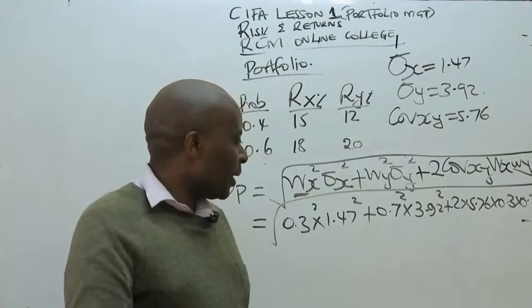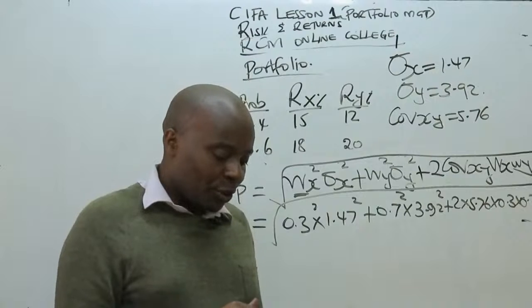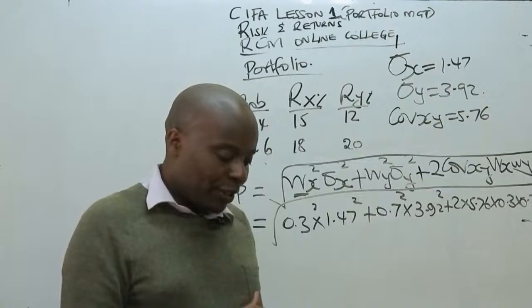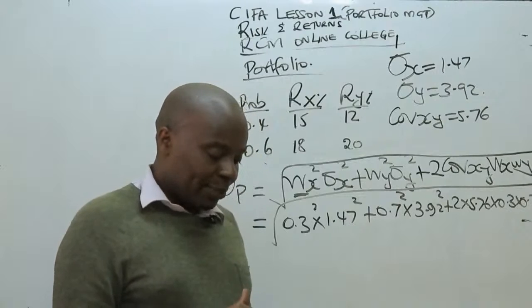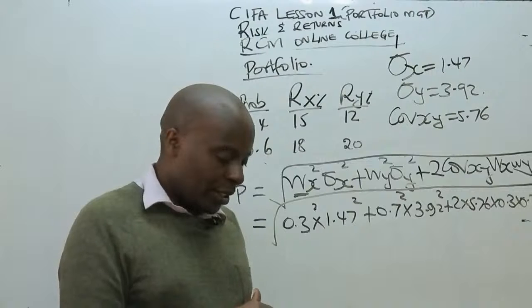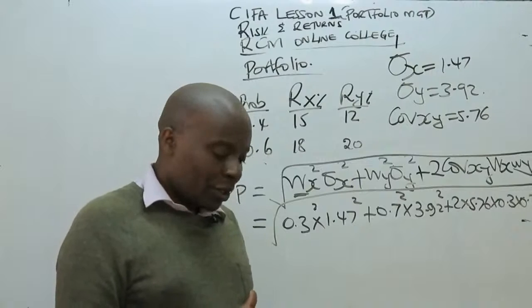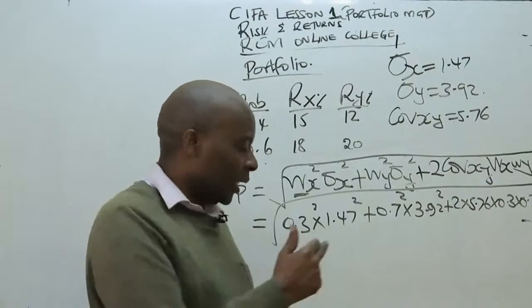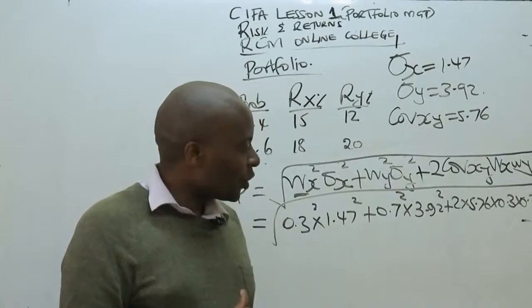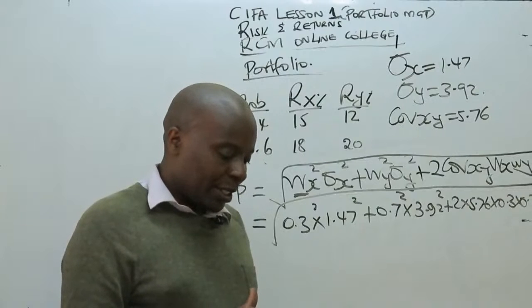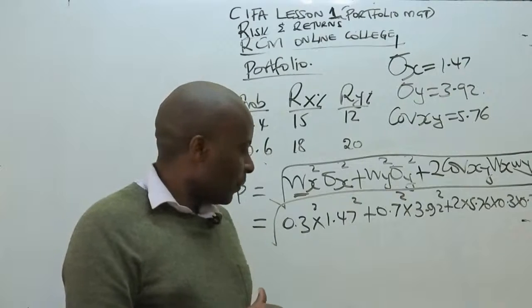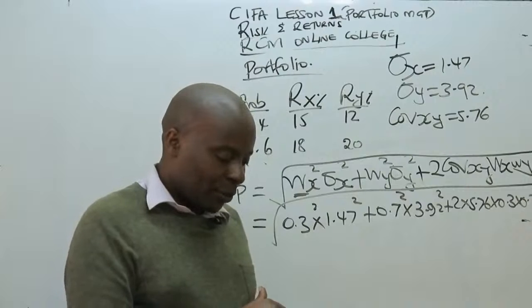Because it's a limited calculator, first of all, I'll take 0.3 squared times 1.47 squared, plus 0.7 squared times 3.92 squared, plus 2 times 5.76 times 0.3 times 0.7. That's a problem, but we shall overcome.